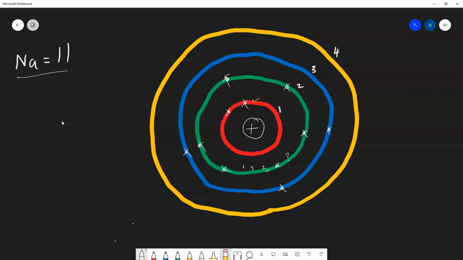What about the very first shell? Do these 2 electrons go together, or do they go one behind the other? So far what we understood is these 2 electrons move in this circle. These 6 electrons in the second shell go in this circle.